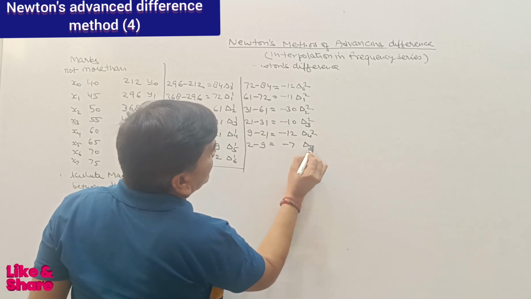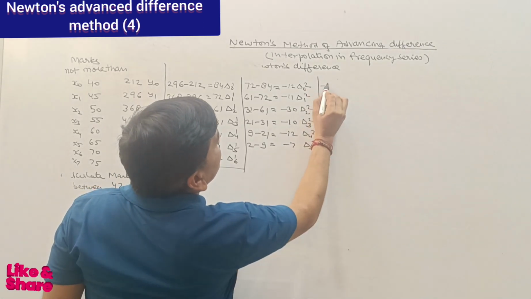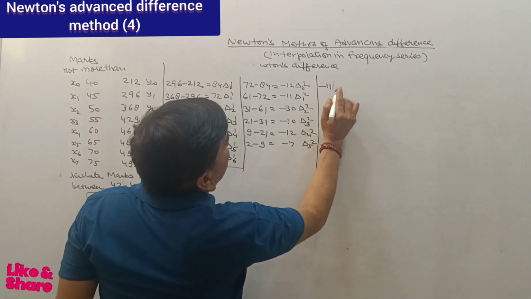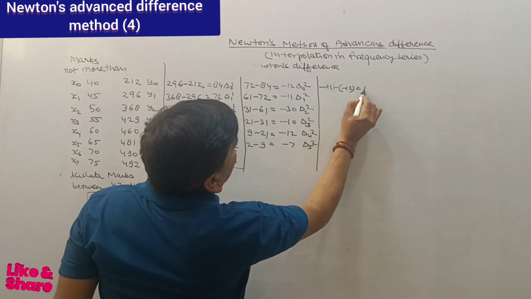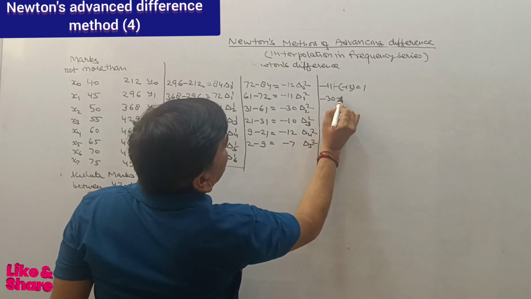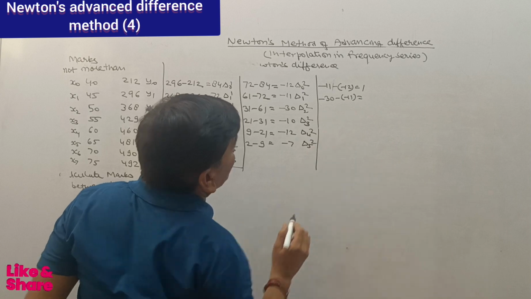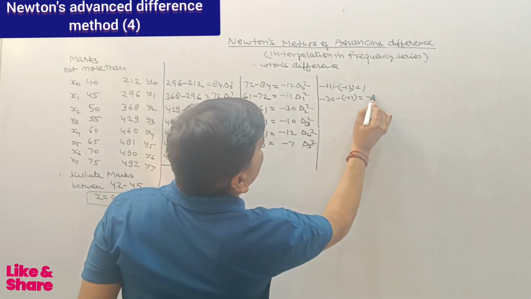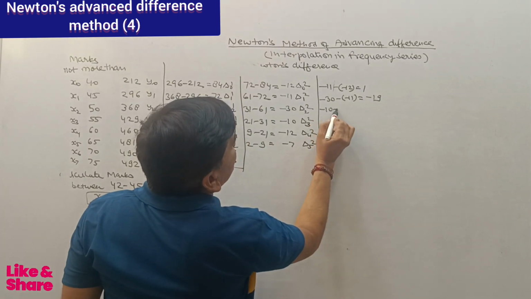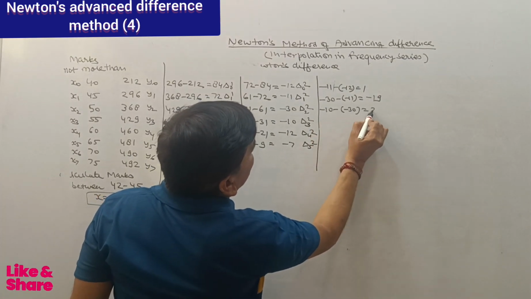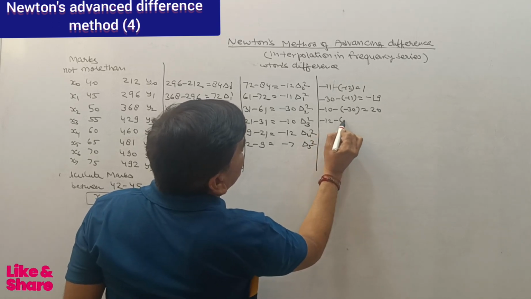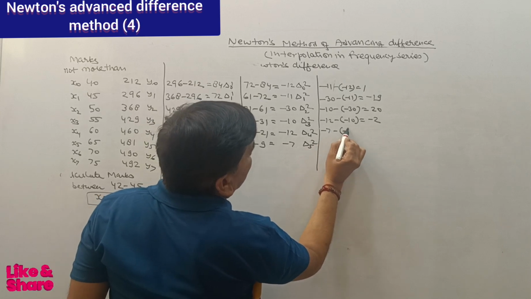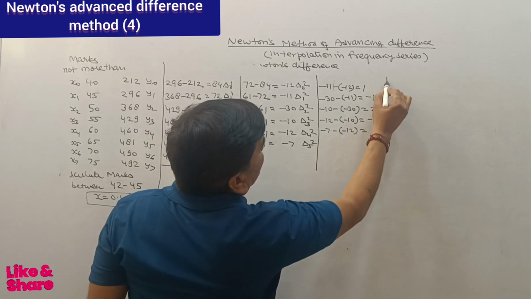Minus 7, delta 52. Then the third differences: minus 11 minus minus 12 is plus 1, minus 30 minus minus 11 is minus 19, minus 10 minus minus 30 is plus 20, minus 12 minus minus 10 is minus 2, and minus 7 minus minus 12 is plus 5.